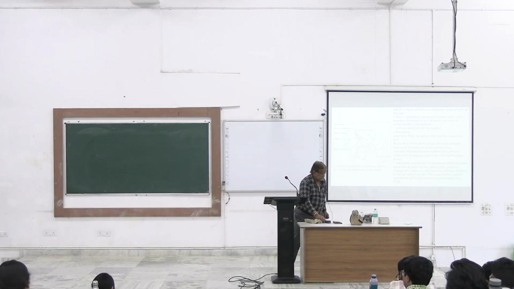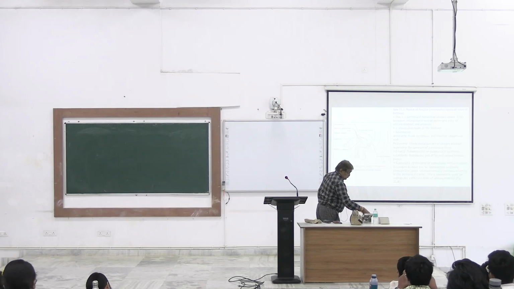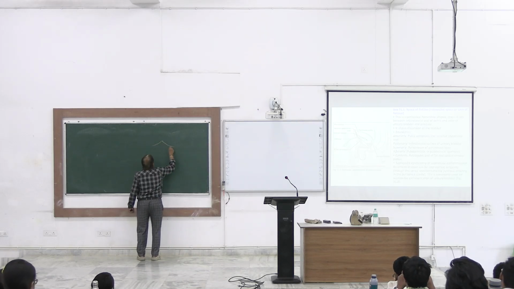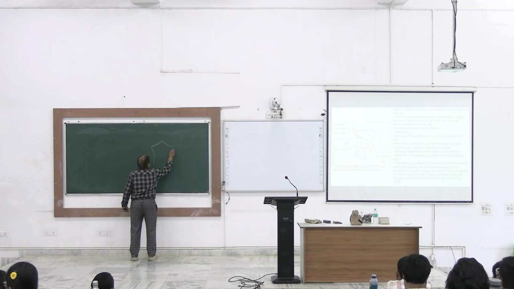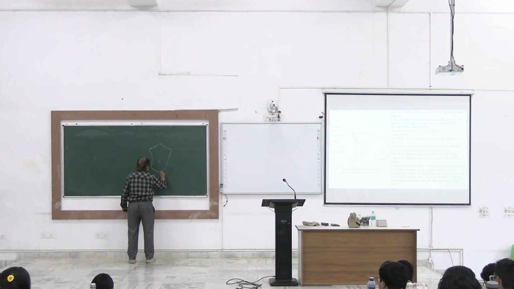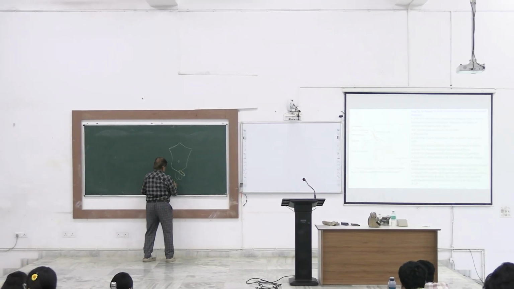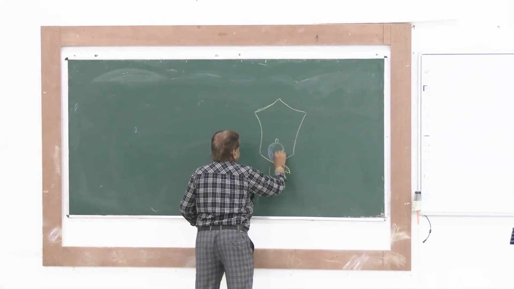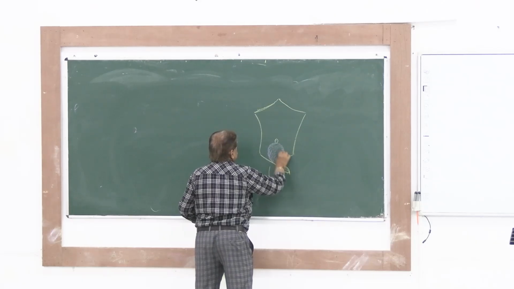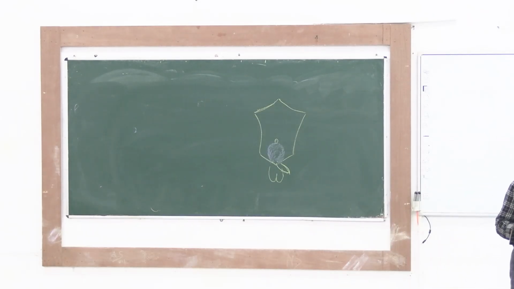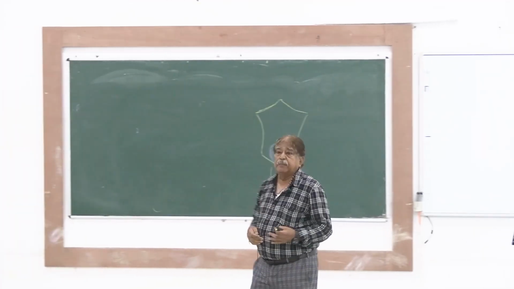Now, if there is an enlarged prostate and there is retention, the full bladder will extend up to the umbilicus.